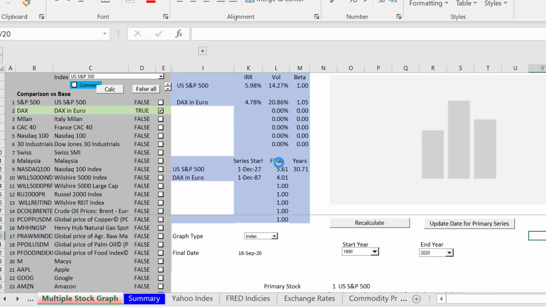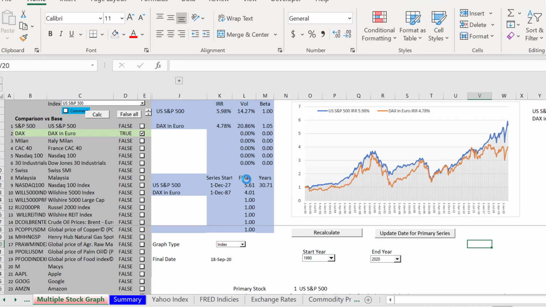Now, when I hear about IRRs these days, maybe I'm completely out of date or something. Right now, I compared in real terms, in real US terms, the DAX is a little bit distorted because I'd have to deflate it and adjust it for the euro exchange rate.